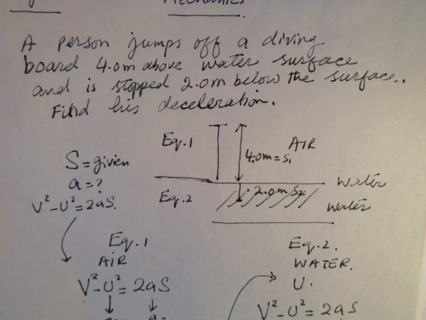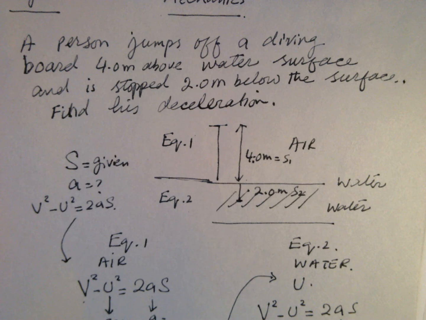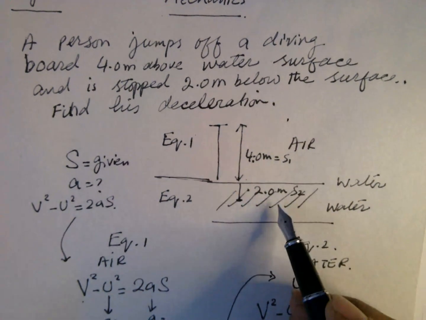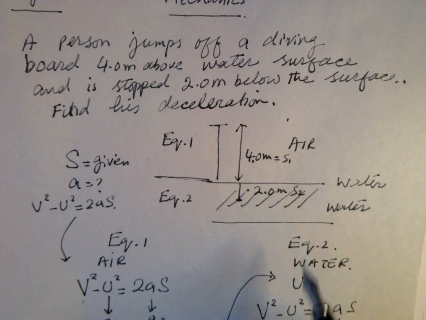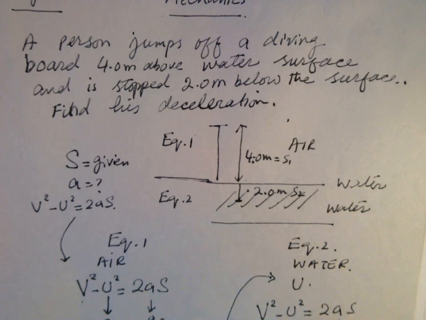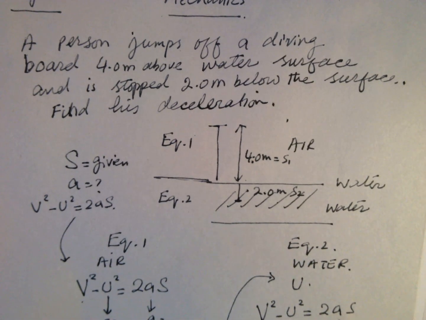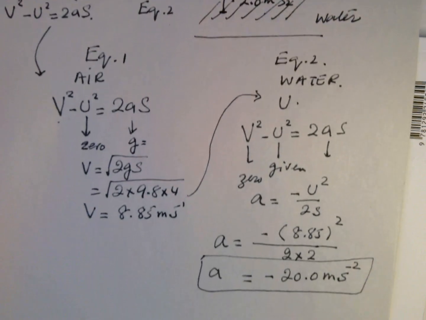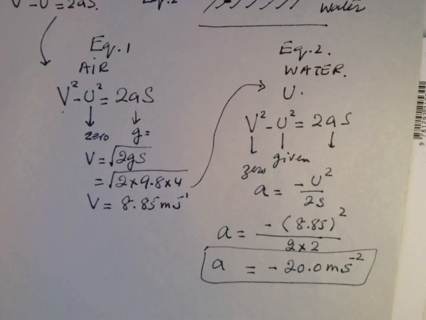We will find the final velocity, where g is free fall, so we will use acceleration as g. Then the final velocity of this will be the initial velocity in water, and the final velocity of this one is 0. This is given. You can find out the acceleration, which is negative, the deceleration, which is 20 meters per second squared.